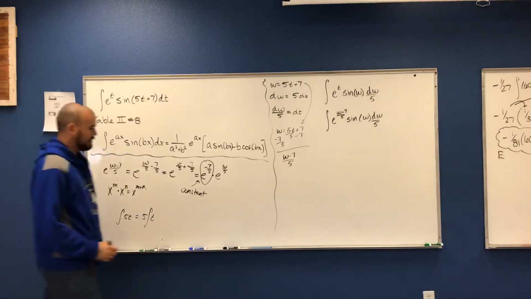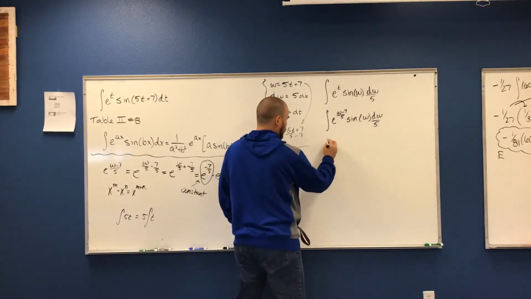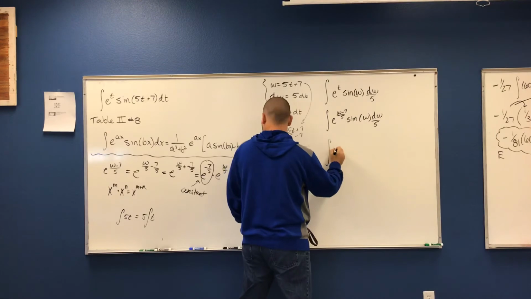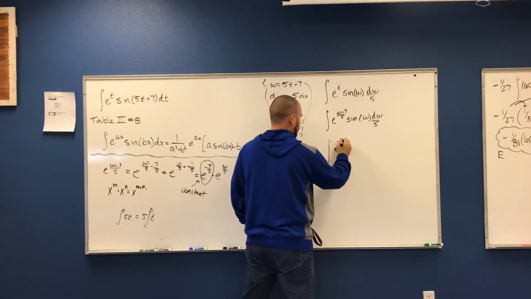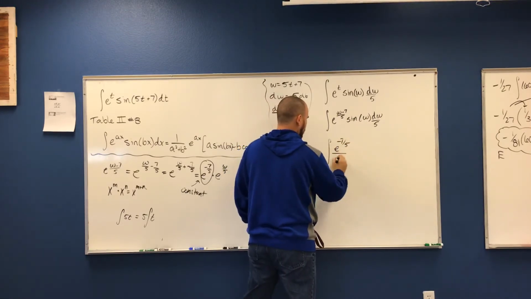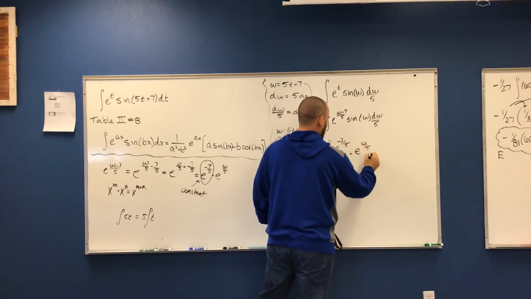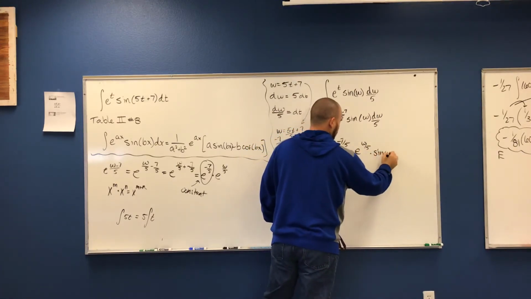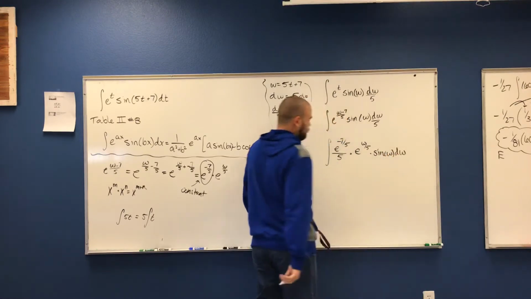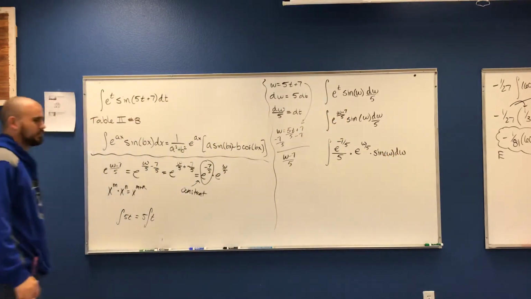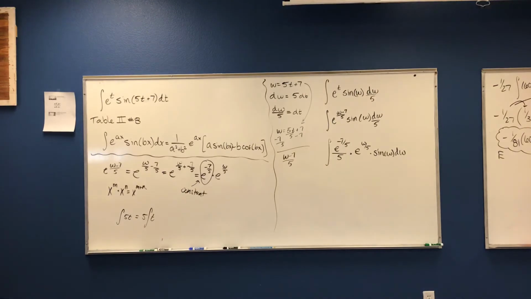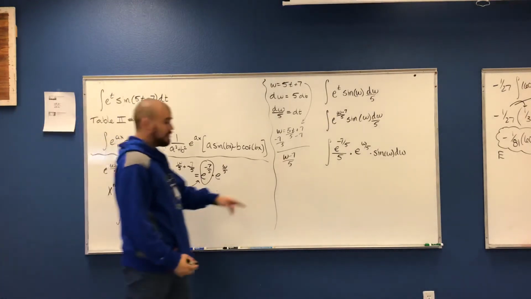So if I have something like up here, the integral of e to the negative 7/5 divided by 5 times e to the w fifths times sine of w dw. Again, I took that divided by 5 with the dw and moved it over to my constant, because all of this here is just a number.